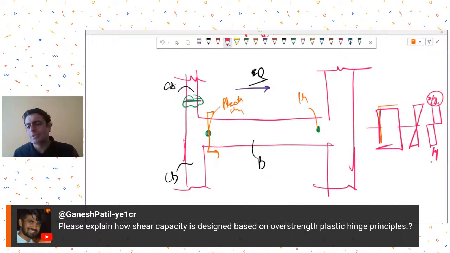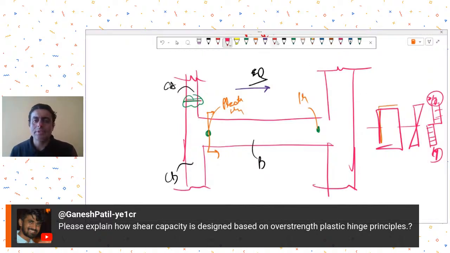Because all the fibers in my cross section have reached the yield level, they are not offering any resistance to rotation. Because beyond yield, in the post yield region, there is no resistance offered to the rotation. So that's why we call them a hinge location.